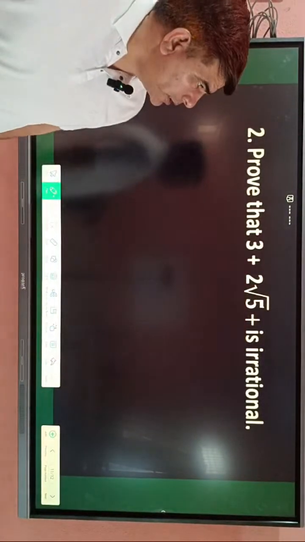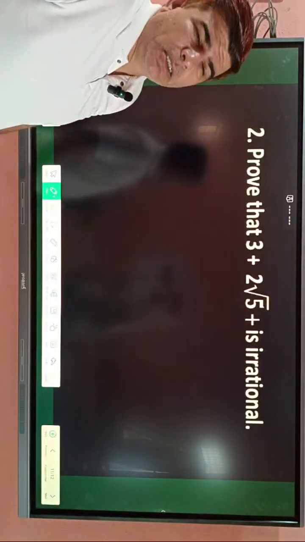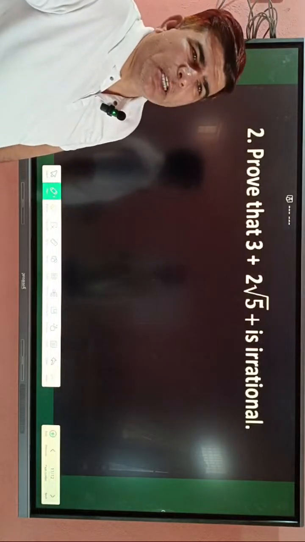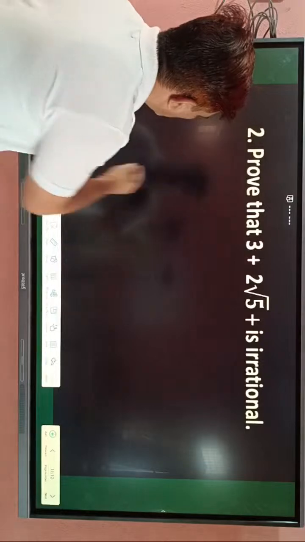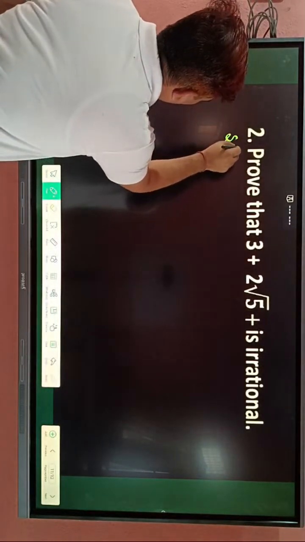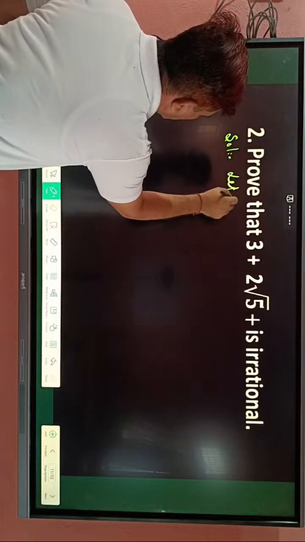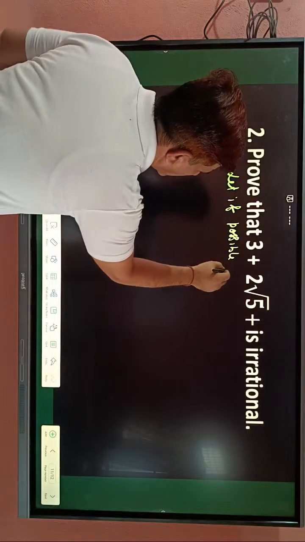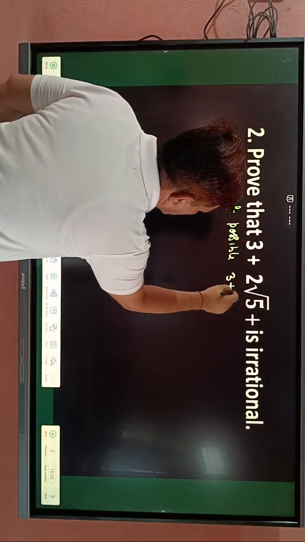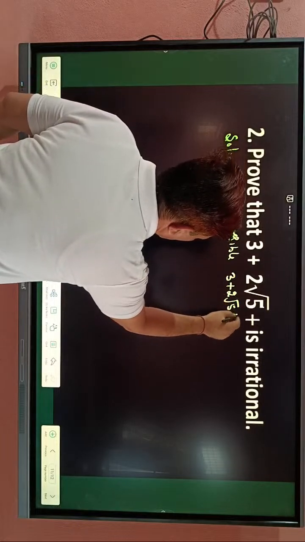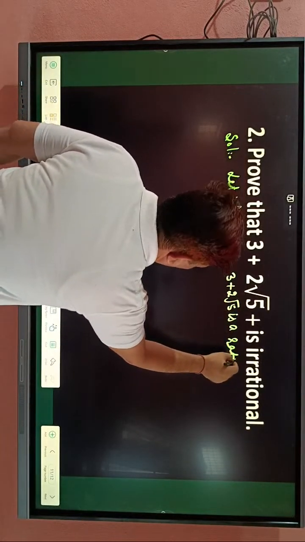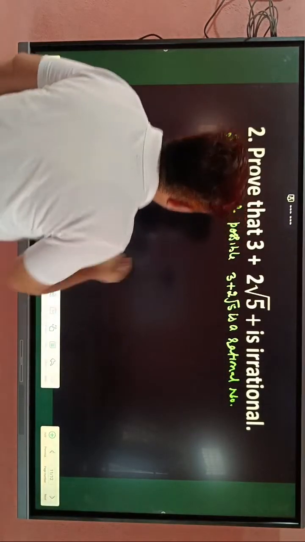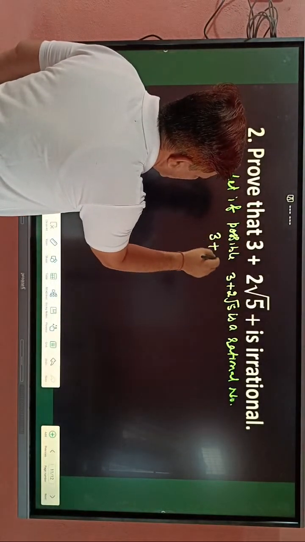you have to prove question number 2 of exercise 1.2. You have to prove 3 plus 2 under root 5 is an irrational number. So again the solution. Let, if possible, 3 plus 2 root 5 be a rational number, a by b. If it is a rational number, then we can write like this.